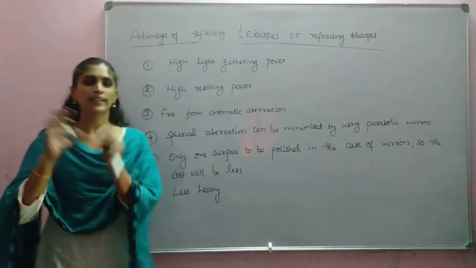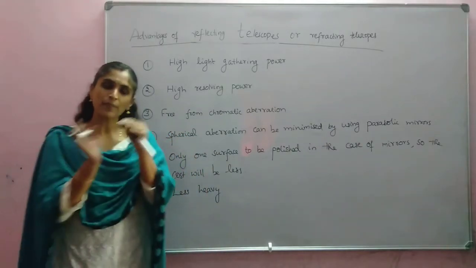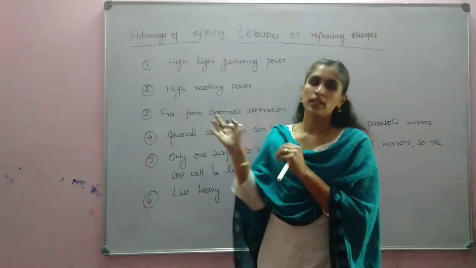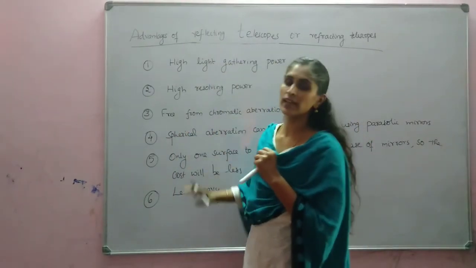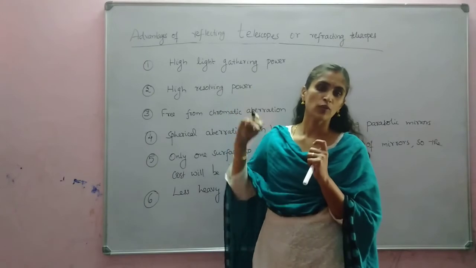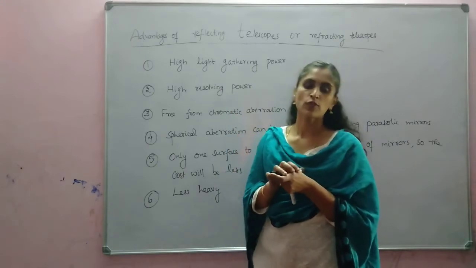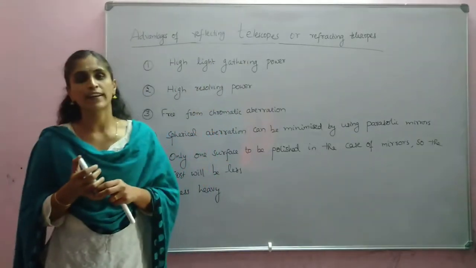If it is of larger aperture, a convex lens will be heavier in comparison with a mirror of the same optical effect. Is it clear? So we can say a reflecting telescope will be less heavy in comparison with a refracting telescope. So these are the advantages of a reflecting telescope over a refracting telescope.